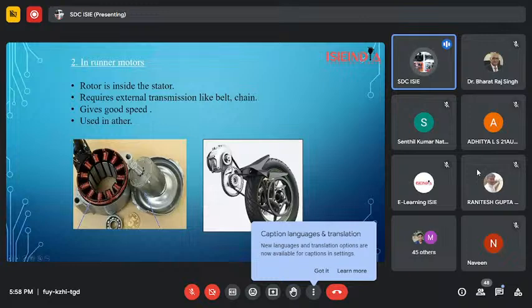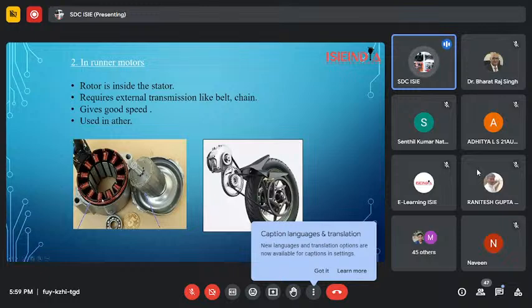And if this is north and another magnet of the stator is made north, what will happen? They will repel. So they don't have any other direction to move. So what will happen? This rotor will get rotational speed, right? So it will get rotating.